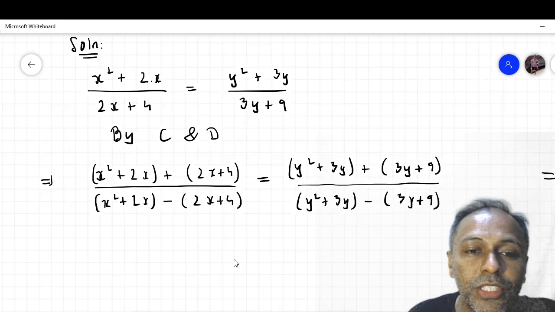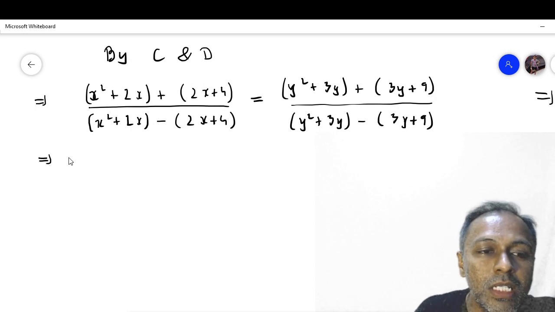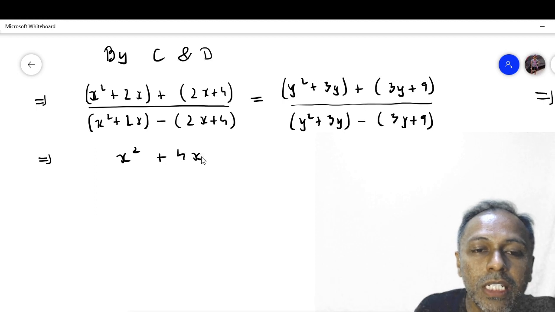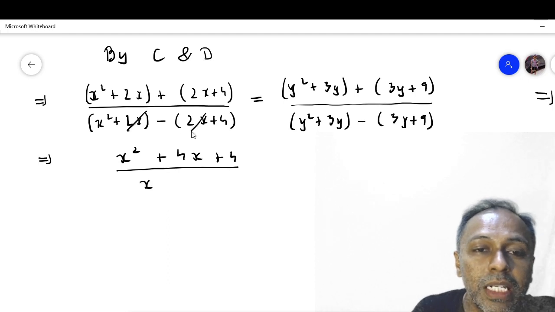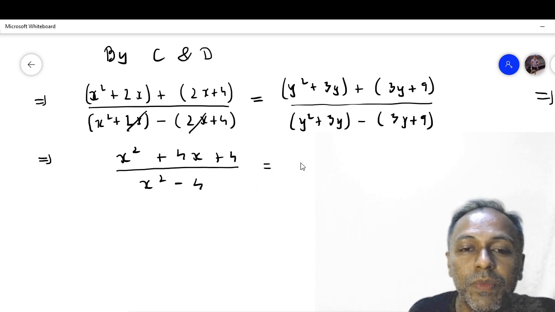Making brackets is essential as there will be change of sign in the denominator. Is equal to, we are not able to find any cancellation as we were seeing in some of the older problems. Instead it's becoming x square plus 4x plus 4 upon, but down we can at least get this cancellation and it becomes x square minus of plus is minus 4.